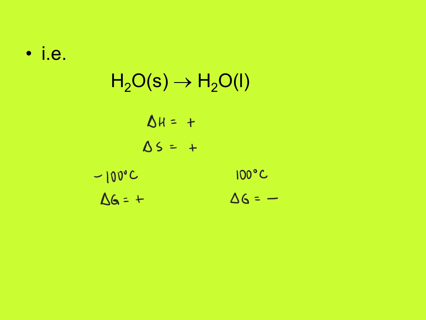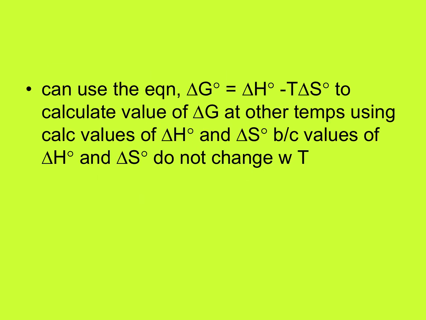So definitely make sure you are paying attention when I'm lecturing about that in class. Now, it's very important to note that delta H and delta S are not dependent on temperature, so we can actually calculate the value of delta G at other temperatures, since these are not dependent on temperature at all. So we'll talk about that in just an upcoming second.